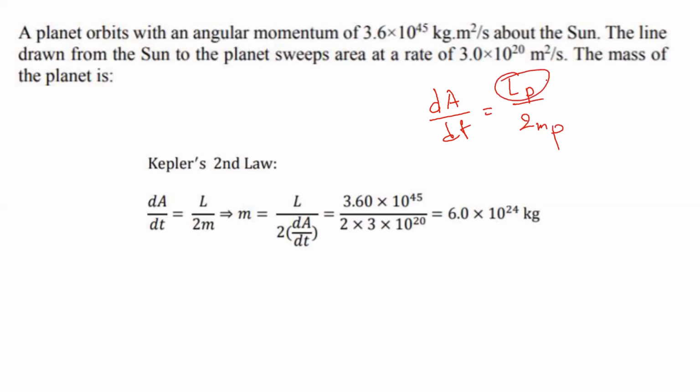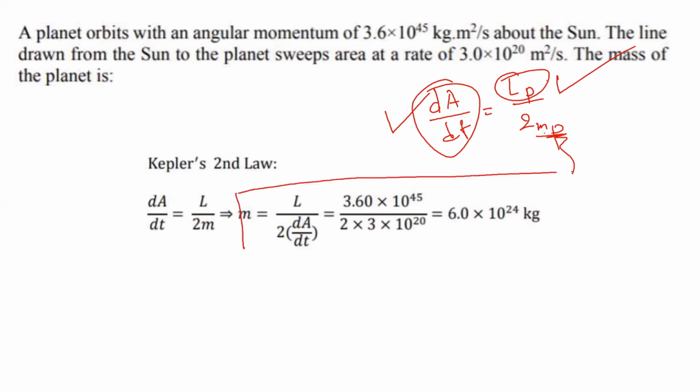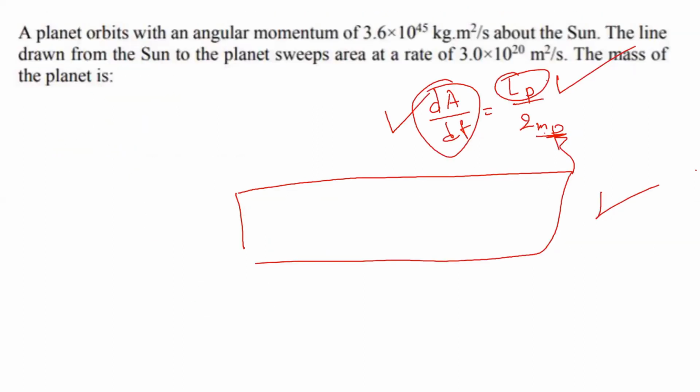If angular momentum is conserved, the area swept per unit time is conserved, is a constant. And here I gave you everything, and I'm just asking you what is the mass of the planet. Okay, I gave you the angular momentum, I gave you this area per unit time. I'm just asking you about m, and you can get it easily.